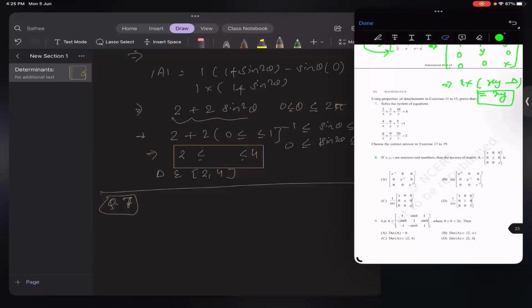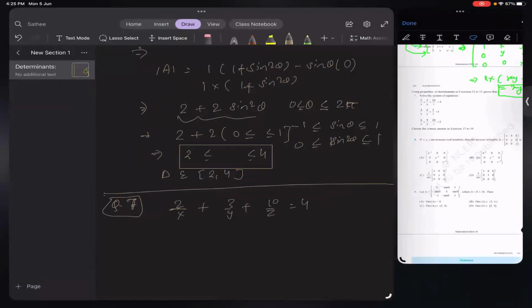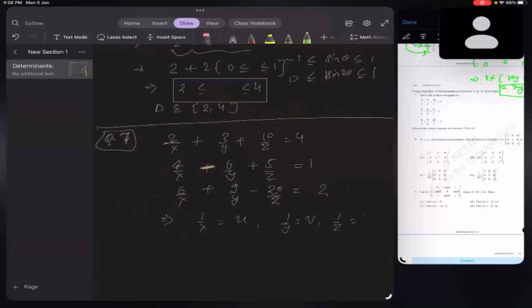So if I quickly write the system of equations, this is 2 by x, and this is 4 by x plus 6 by y plus 5 by z. This is actually a minus sign. And this is equal to 1, and this is 6 by x plus 9 by y minus 20 by z. This is equal to 2.